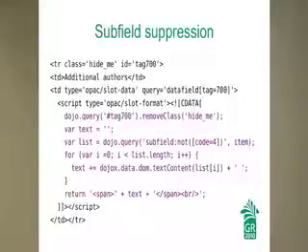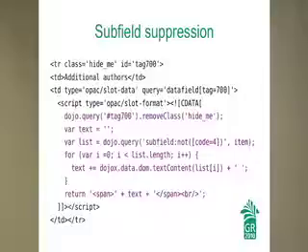I then iterate over the item node list. So item is the magical variable that gets passed into this script, which is a node list. I can run a Dojo query, which is exactly the same syntax that we're using here for query. This is just a Dojo query, which uses CSS3 selector syntax.